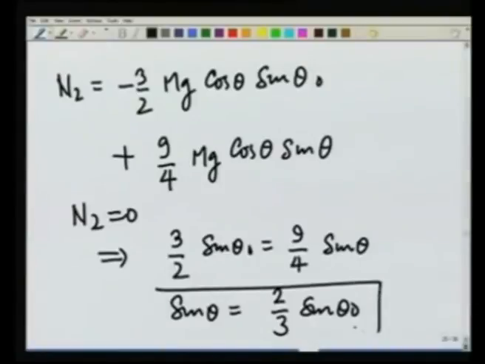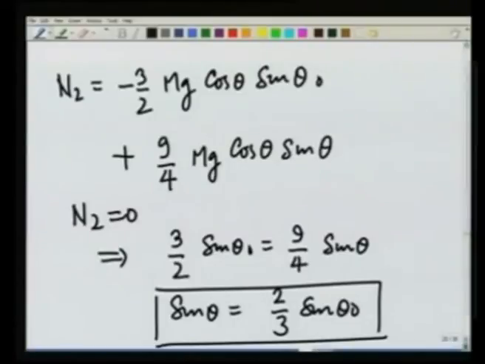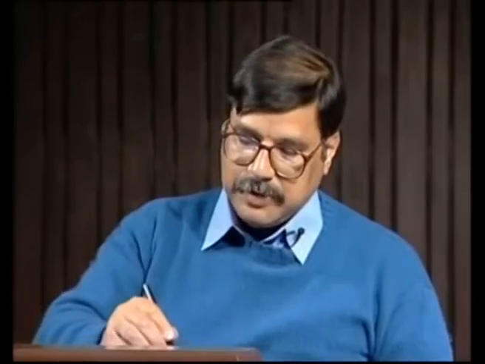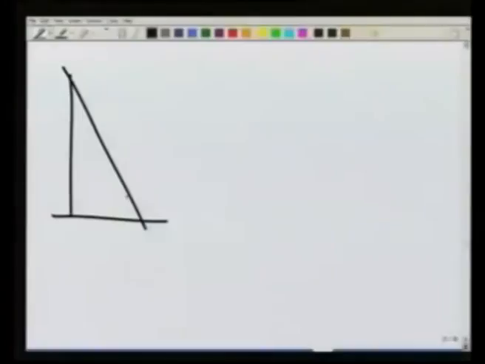So, if we start with an angle theta 0, at sin theta equals 2/3 sin theta 0, the ladder would leave the wall. So, let us see the picture again. This is theta 0. At 2/3 of sin theta 0, that means at the height 2/3 of the original height, the wall and ladder would separate.